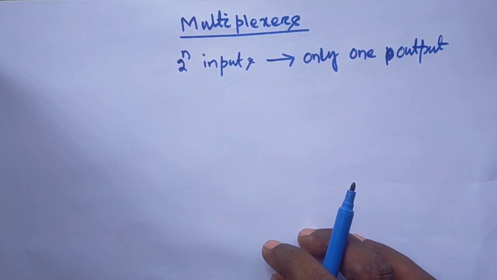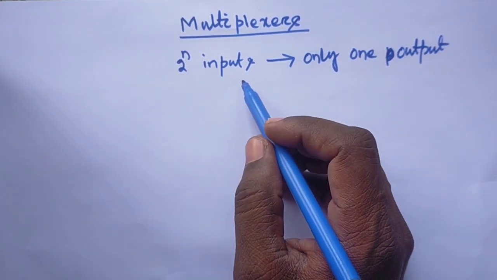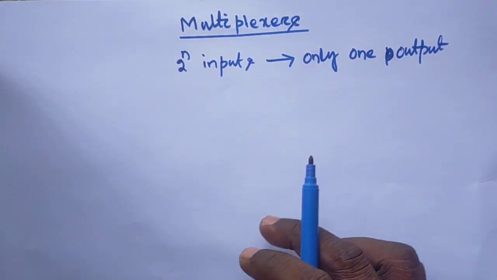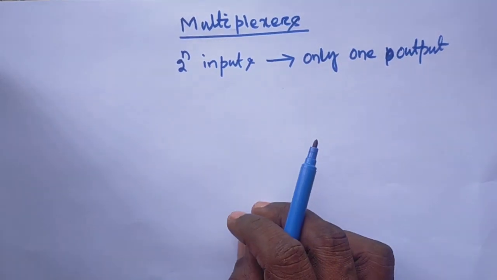That means 2 to the power n inputs go to the multiplexer, but it provides only one output. This is the basic concept.